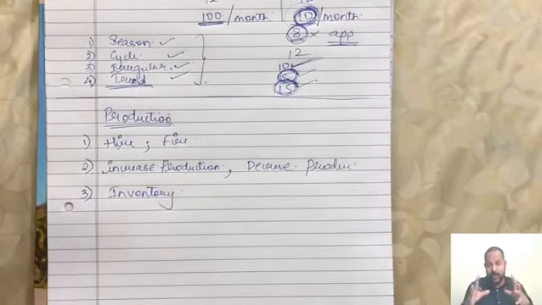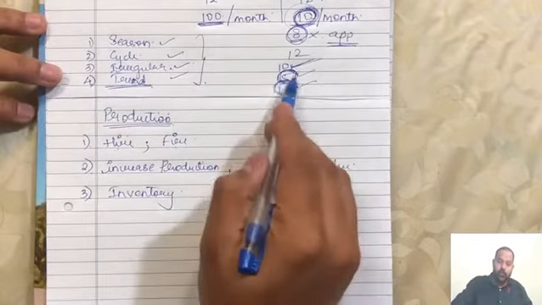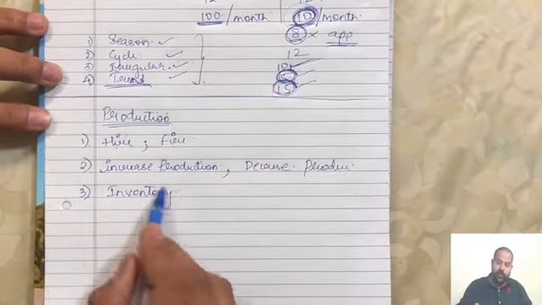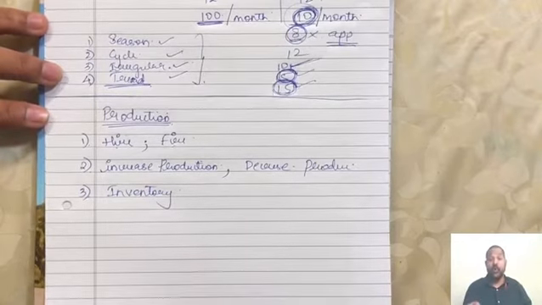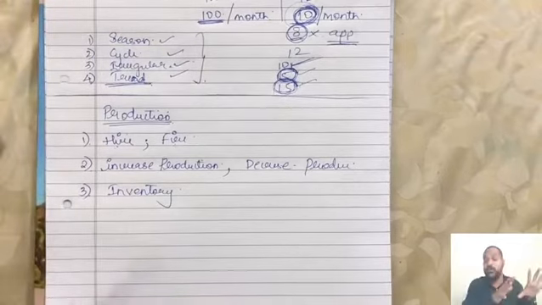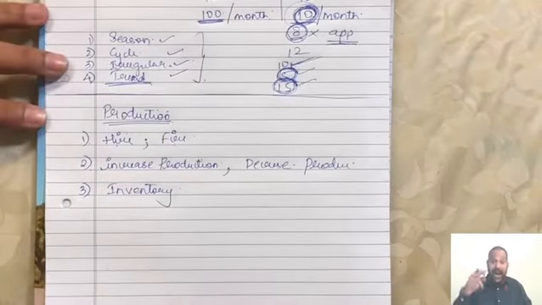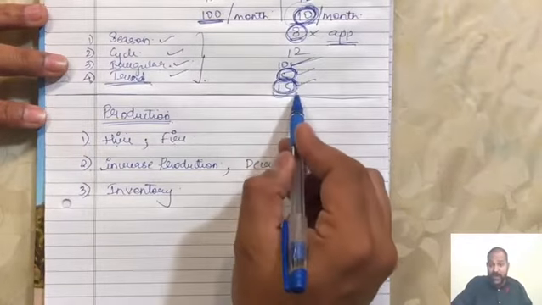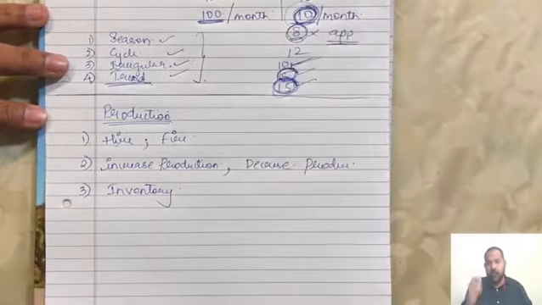I will produce 10. But sir, you will only sell 5. I agree. The rest of the 5 will go into an inventory, into a go down, into a storage facility. And in the next period, whenever I want extra, I will pull it out of that.